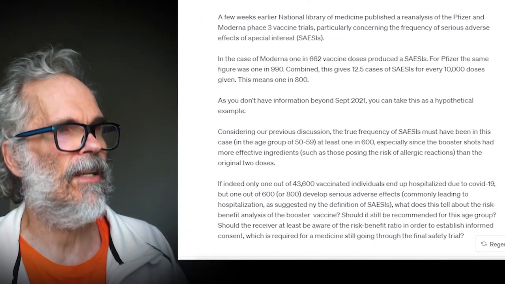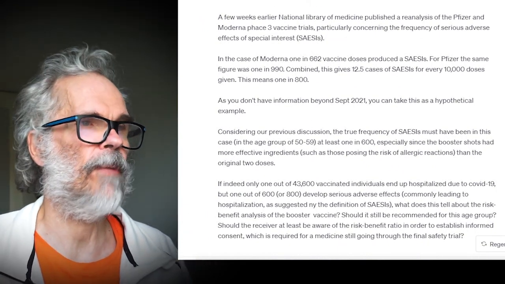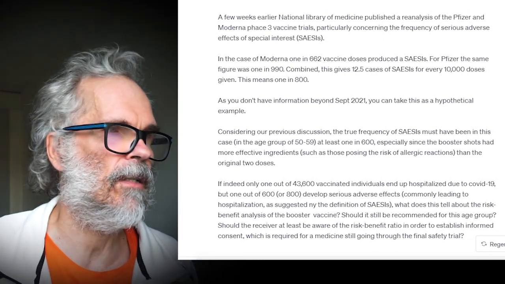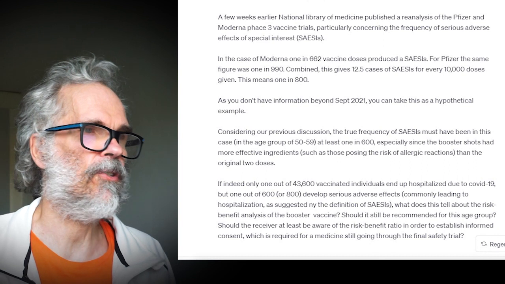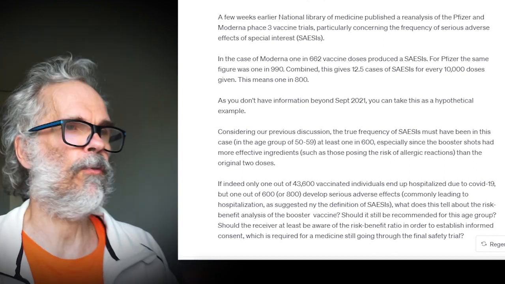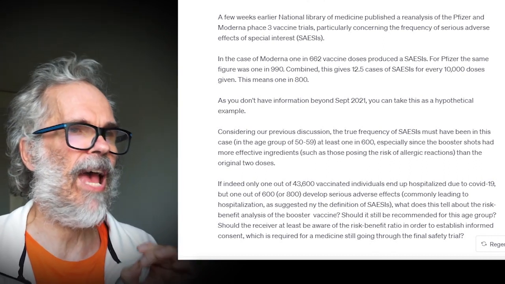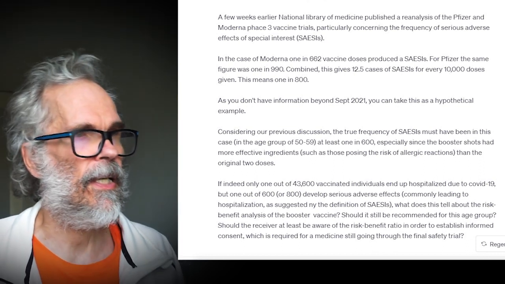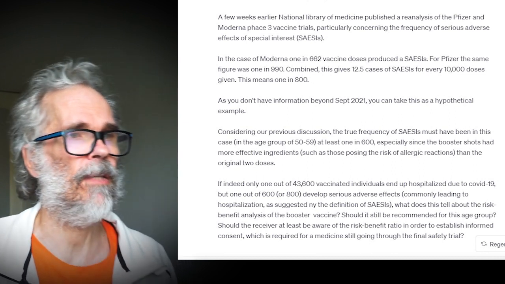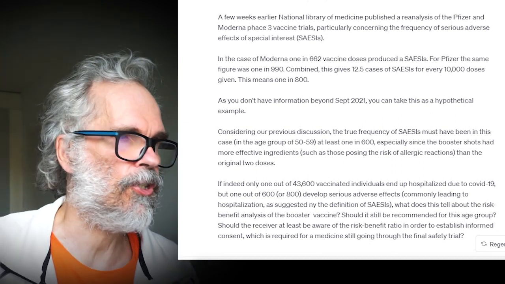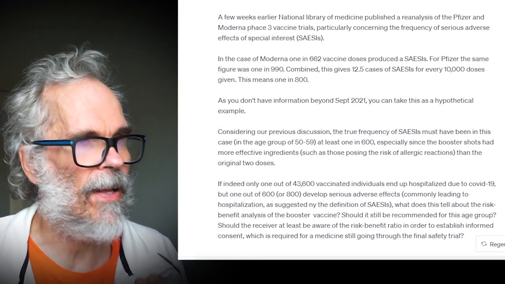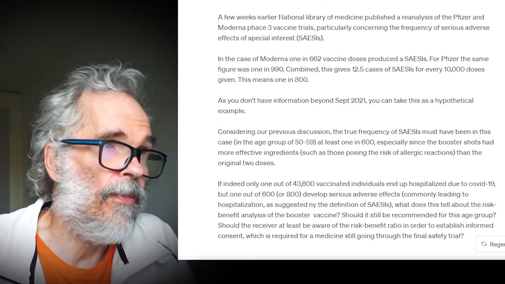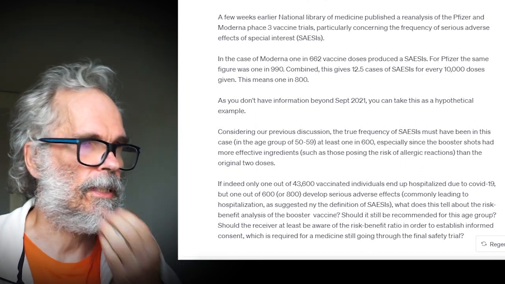As you don't have information beyond September 21, you can and you must take this as a hypothetical example. Considering our previous discussion, the true frequency of these adverse effects must have been, in this case, in the age group of 50 to 59, at least 1 in 600, especially since the booster shots had more effective ingredients than the original 2 doses.